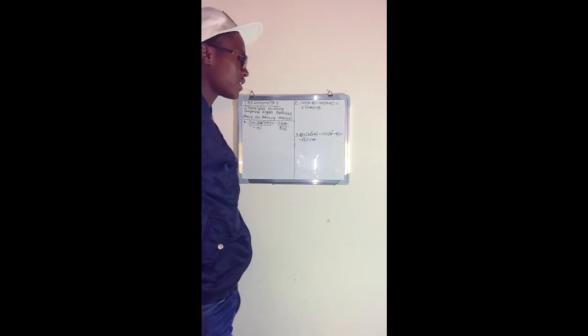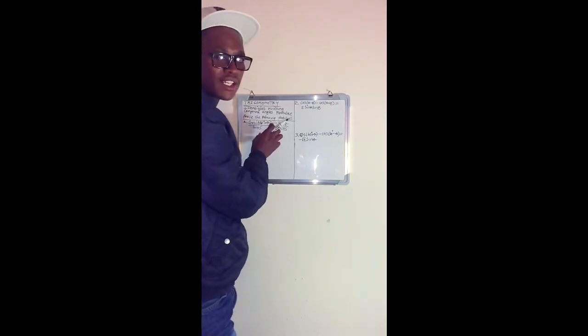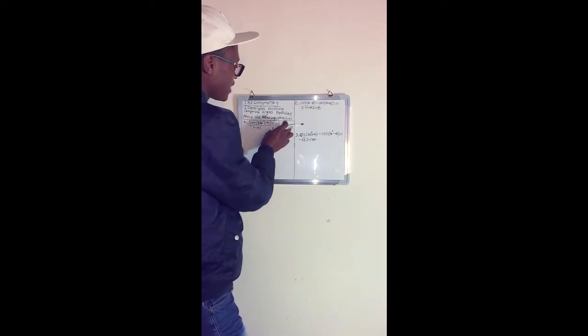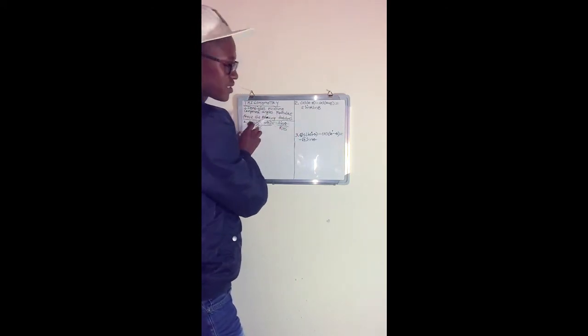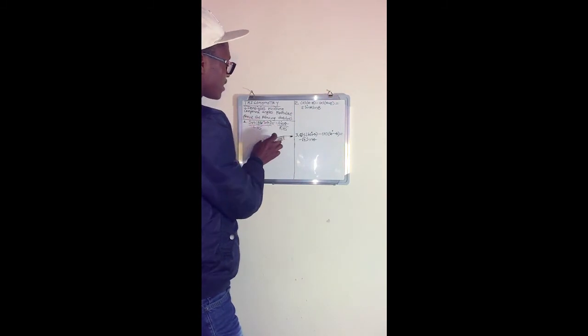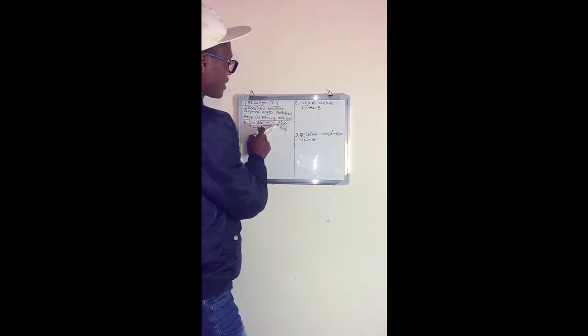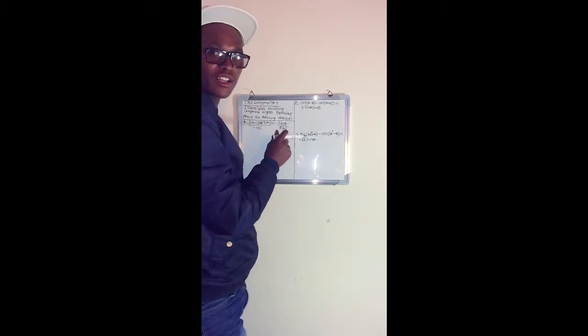The first thing is to solve the side that is less complex. If both sides are complex, you choose one and solve it. We choose this one because it is more complex, and then solve it, and the answer must be minus sin theta. Then we are on the right track.